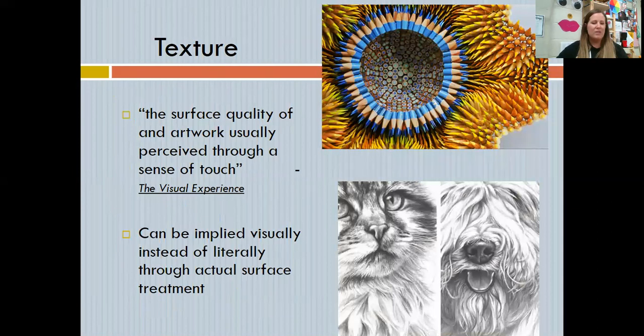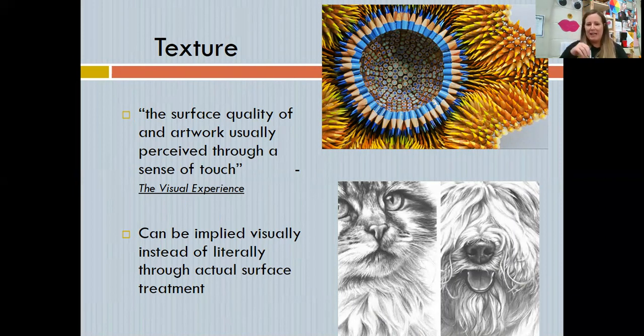Now, texture, we have implied texture, and then we have actual texture, right? So texture is going to be that surface quality of an artwork. It's usually perceived by the sense of touch. So if we look at our two artwork examples here, one of them is a three-dimensional sculpture, the one on the top, and if we were to actually touch that, we would feel the texture.